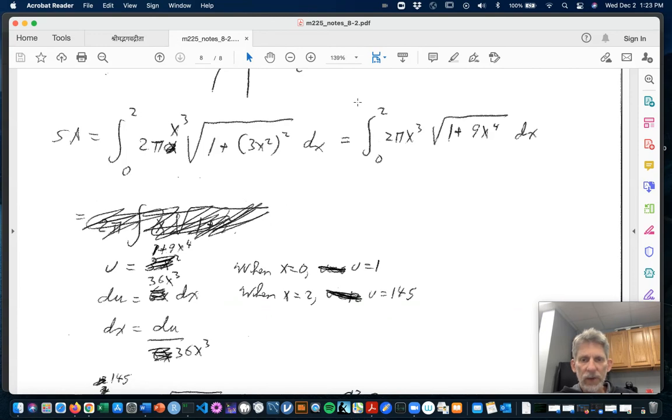Also, since we're doing a u substitution, let's go ahead and change the limits of integration to be from x's to u's. When x is 0, u will be 1. When x is 2, this will be 1 plus 9 times 2 to the 4th, which turns out to be 145.